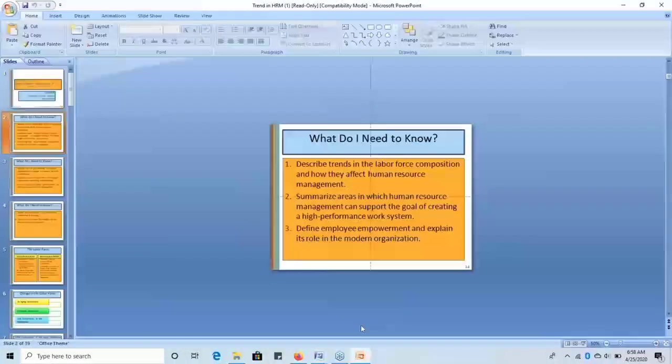So what you need to know also ranges from the time you are employing or hiring the particular staff. Then you start from describing the labor force and how they affect human resource management. What kind of employment or what kind of staff do you have within your domain?